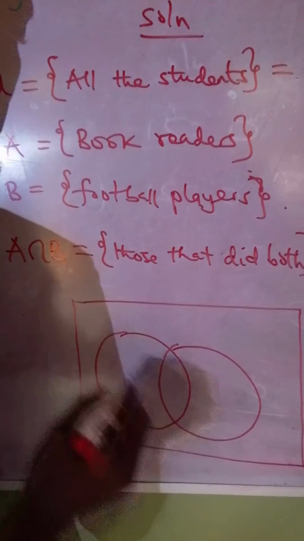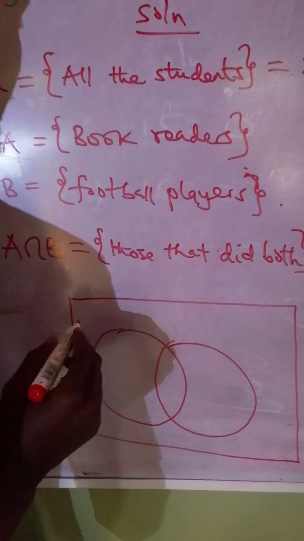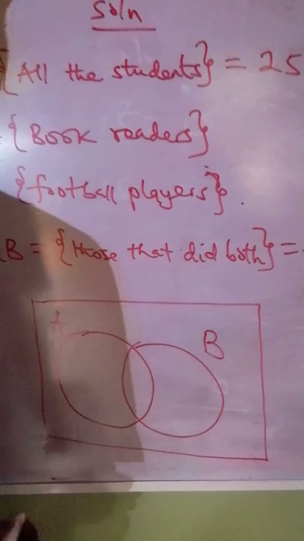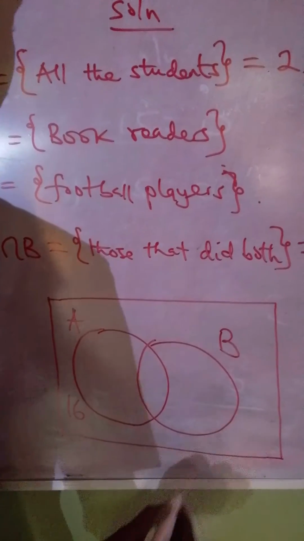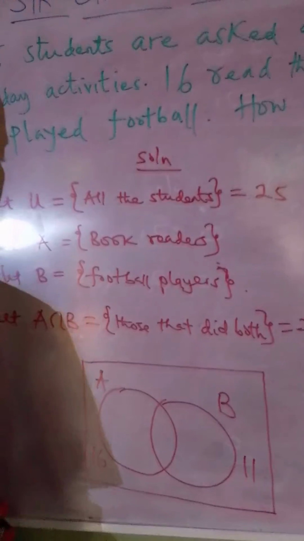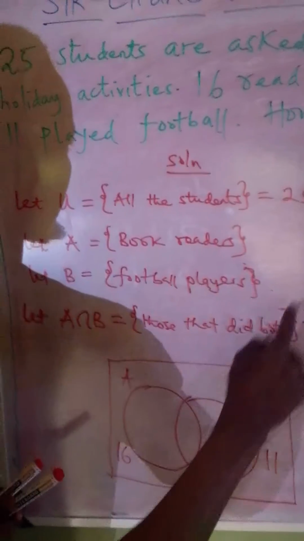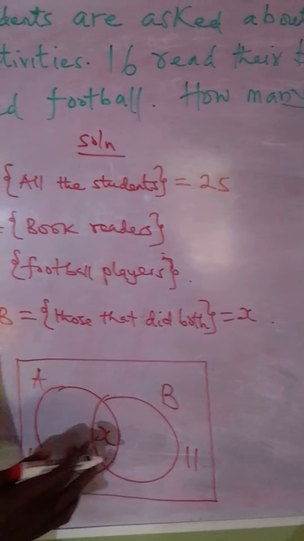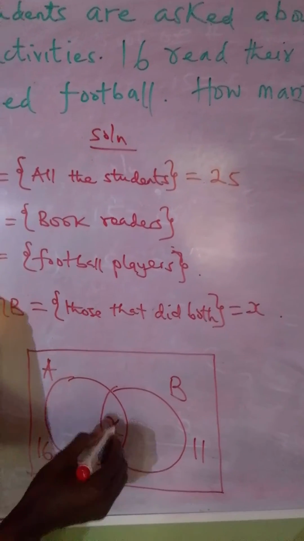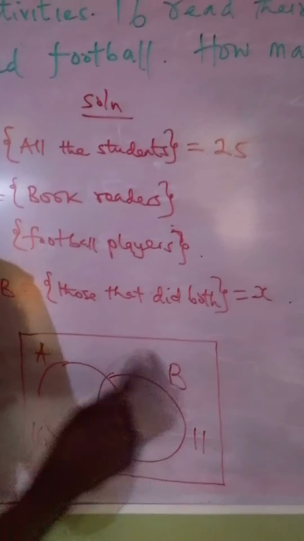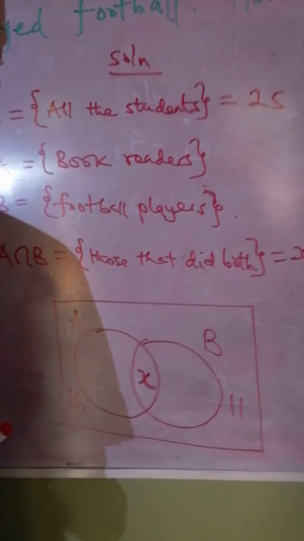Now, the first circle represents the first set A. The second circle represents the second set B. Then we have 16. Those 16 read their books and 11 played football. Then those that did both were X. So let me write it in between the two overlapped circles.